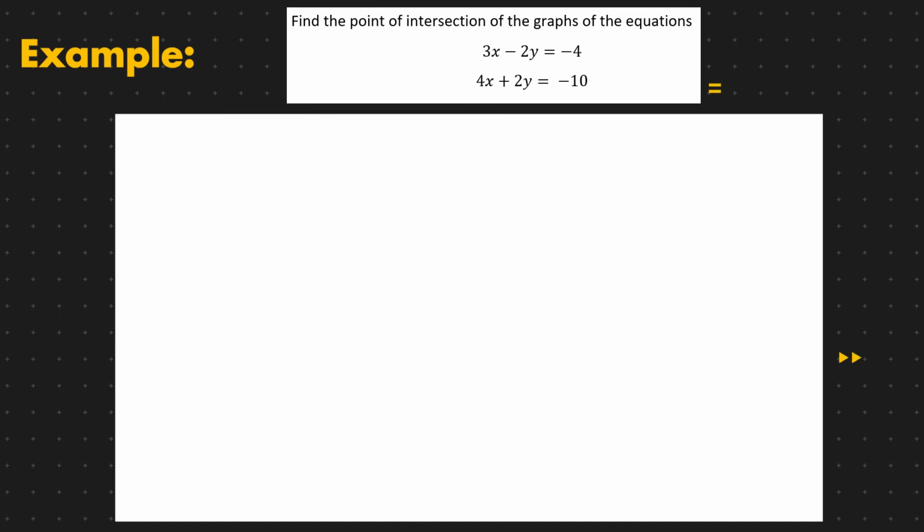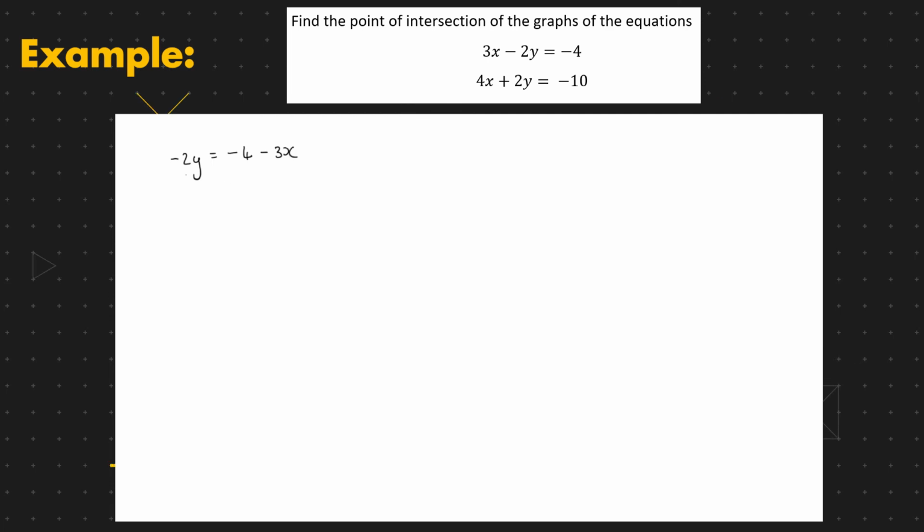In the following example, we want to find the point of intersection of the graph of the equation 3x minus 2y is equal to negative 4 and 4x plus 2y is equal to negative 10. So let's rewrite these two equations in terms of y. For the first one, we're going to have negative 2y is equal to negative 4 and negative 3x.